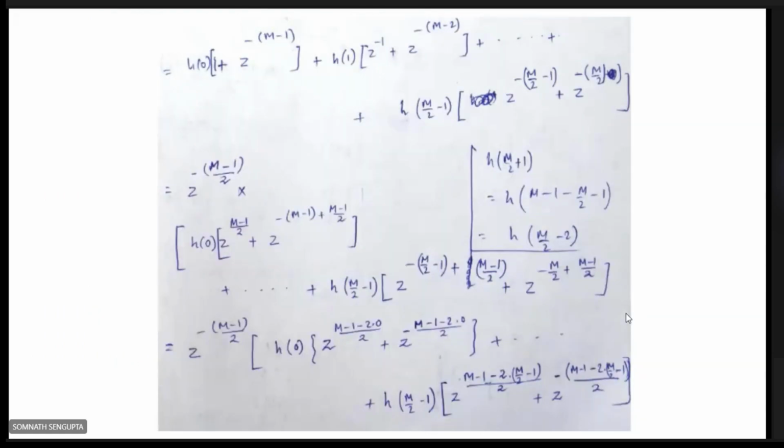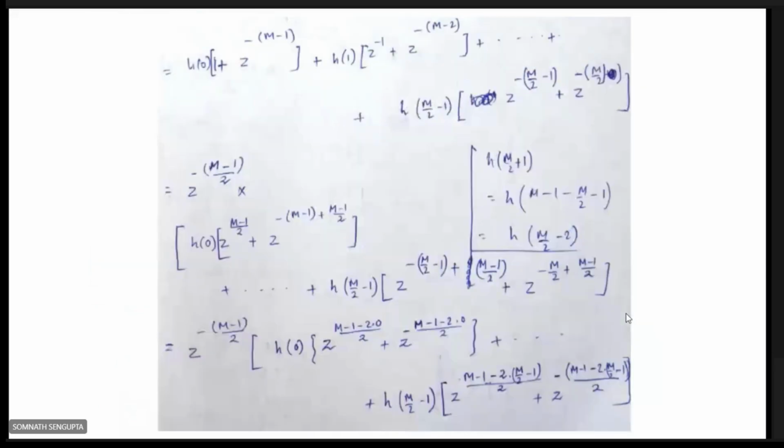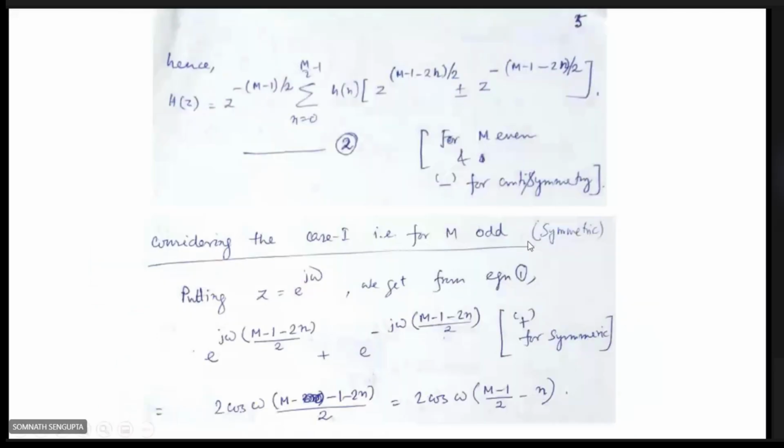So now, yes, antisymmetric and m, no, it is m even. Yes. Then it is m even for antisymmetric.